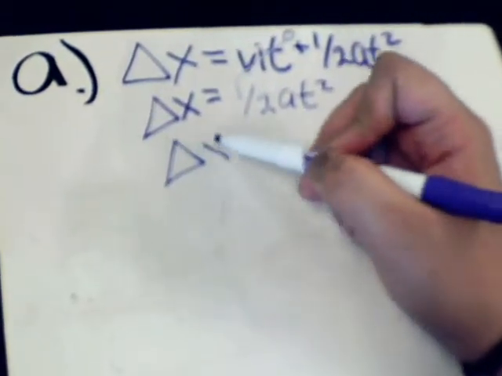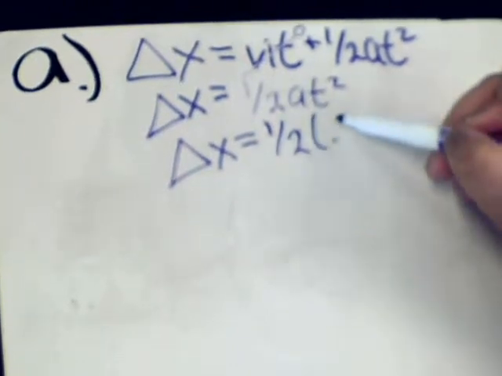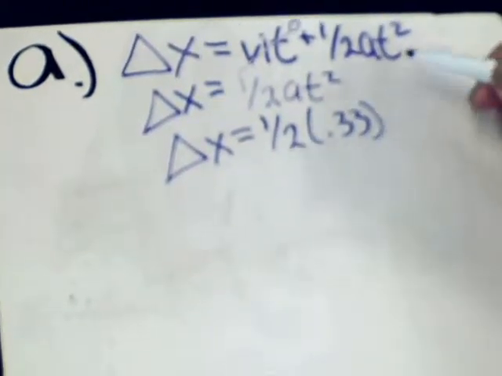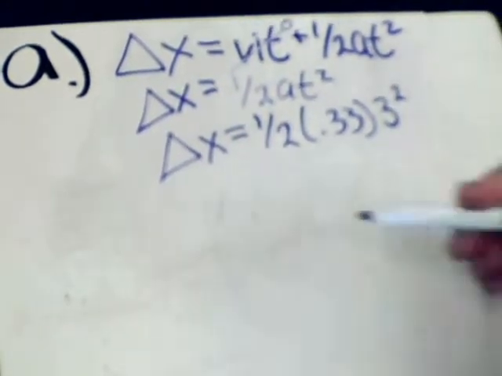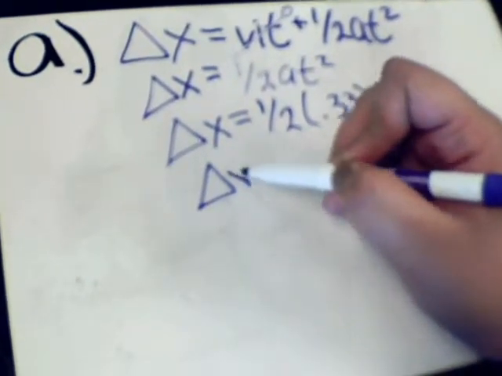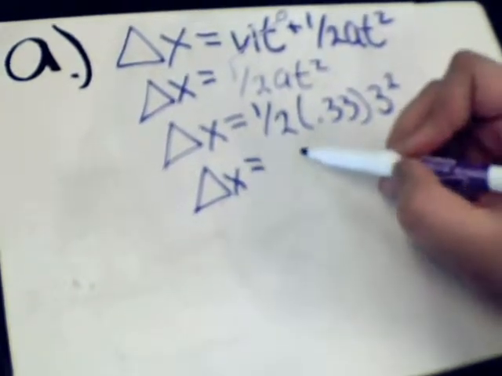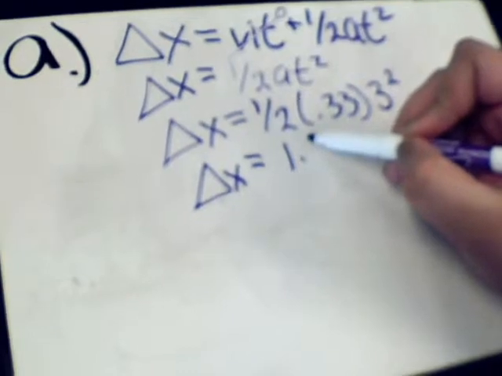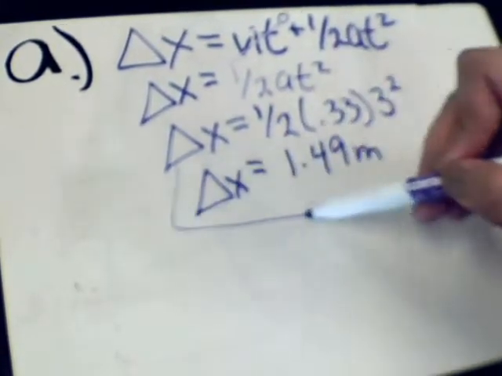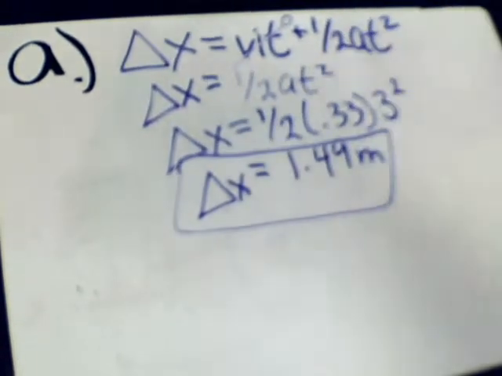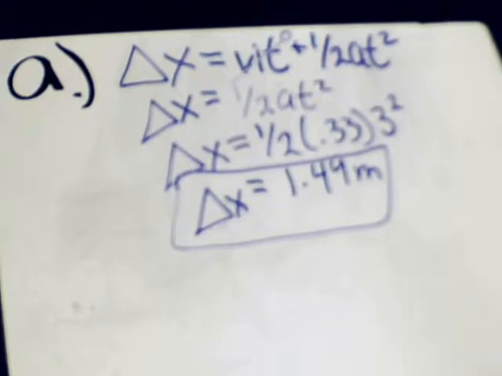Then we're left with 1/2 AT squared. Plugging in from what we found earlier, acceleration is 0.33 meters per second squared, and t is 3 seconds. When you find delta x, you get 1.49 meters. And that is the full answer to A.